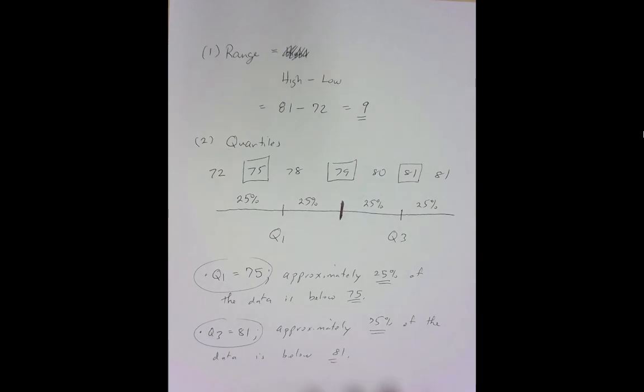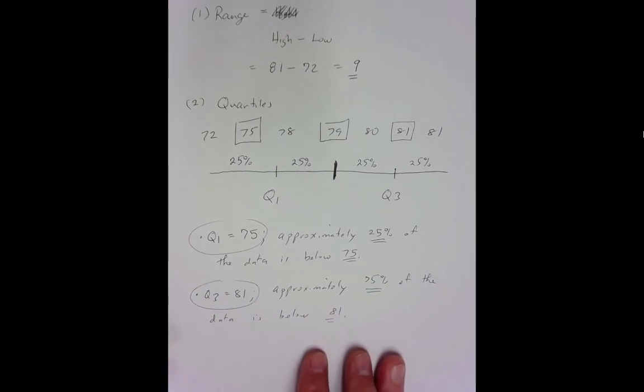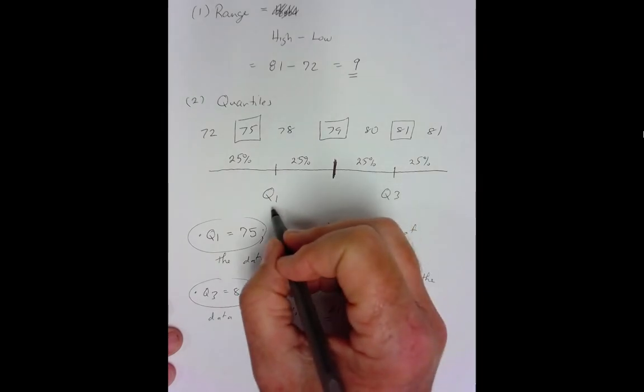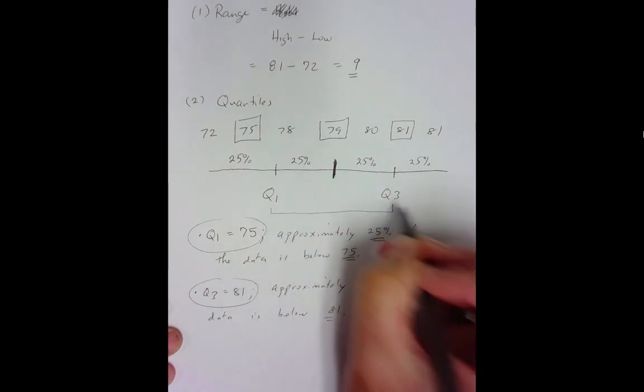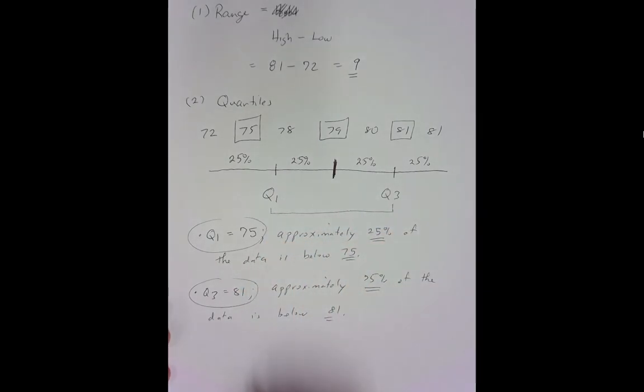Now, a natural extension of this is to want to say, well, what's the difference between these two values? Statisticians asked themselves that years ago, and they said, well, we need a big old fancy name for that. And I don't know why they came up with this, but they call it the interquartile range, the IQR.